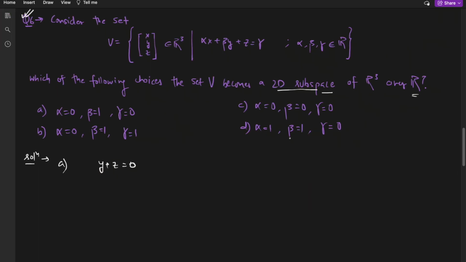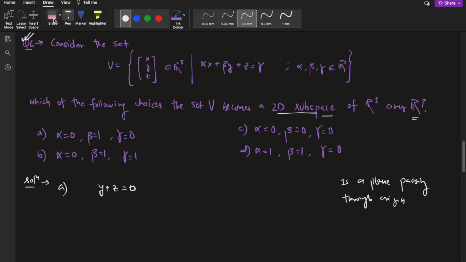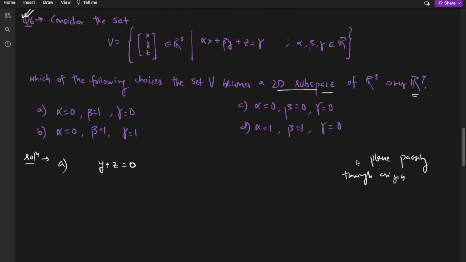In that video I have explained all the valid subspaces of R cube. One of the valid subspaces of R cube is a plane passing through origin. A plane passing through origin is a valid subspace.